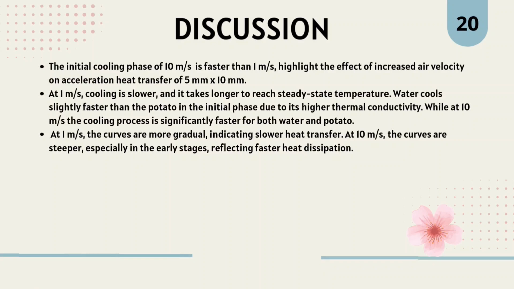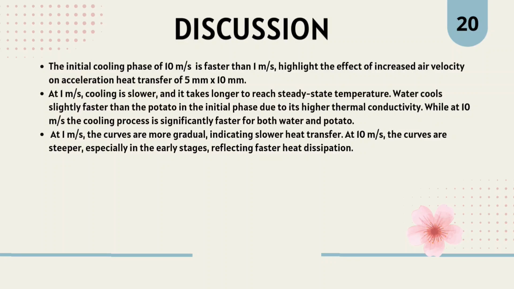So for the shape of the plot, the initial cooling pace at 10 meters per second is faster than at 1 meter per second. This highlights the impact of increased air velocity on accelerating heat transfer for the 5 millimeter by 10 millimeter sample. At 1 meter per second, cooling is slower and it takes longer to reach steady state temperature. Water cools slightly faster than the potato in the initial phase due to its higher thermal conductivity.